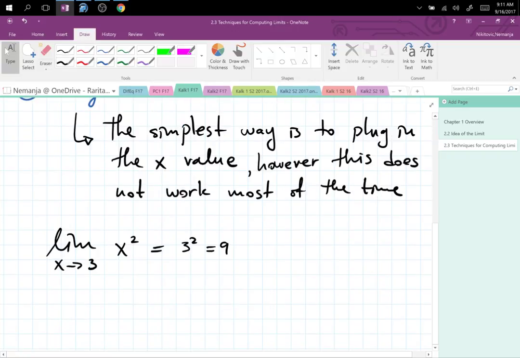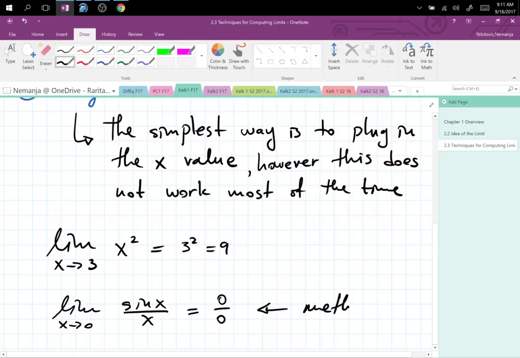Hell breaks loose when you run into a question where if you plug in your value, you get 0 over 0. So here, the method did not work.